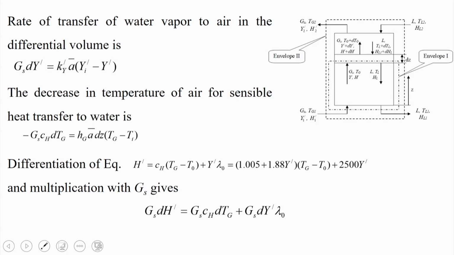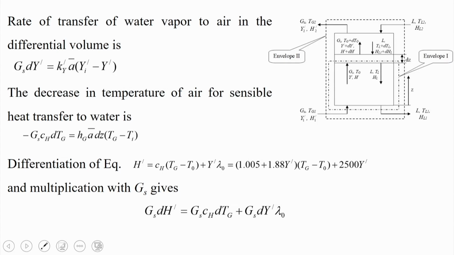Now, the rate of transfer of water vapor to air in the differential volume, with d z as the differential thickness, is G S into d y prime equal to k y prime into a bar into y I prime minus y prime, where y I is the humidity at the interface.